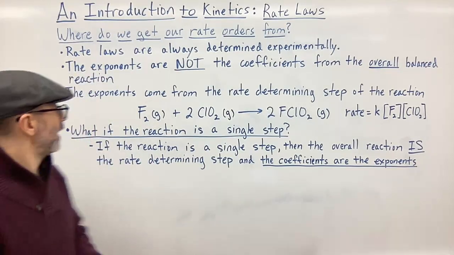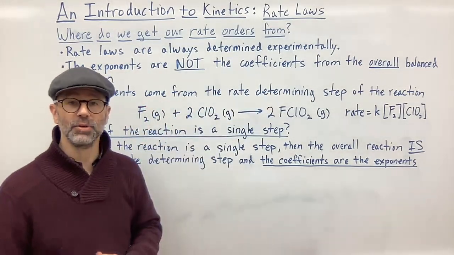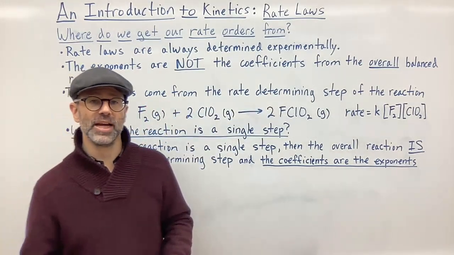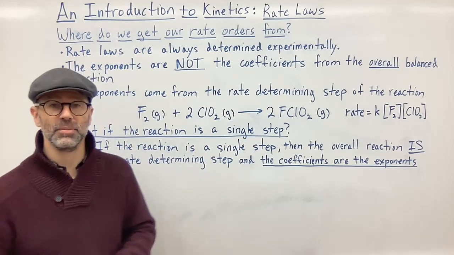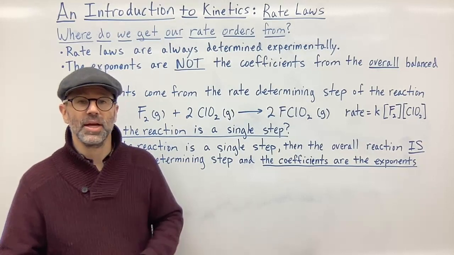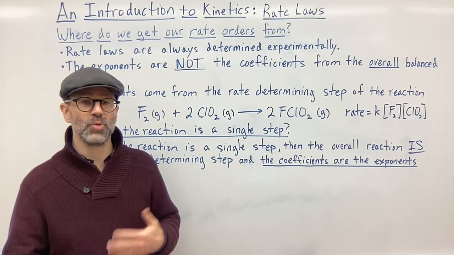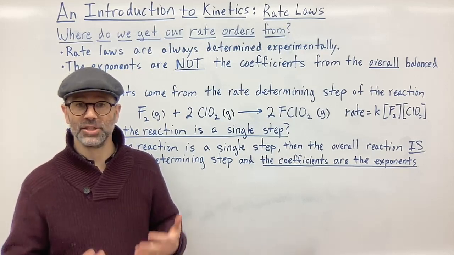But the exponents are going to be coming from the rate determining step of the reaction. So if the reaction has multiple steps, we talked about before how one of those steps will be the rate determining step, which means that that particular step is what controls the rate of the overall reaction itself.